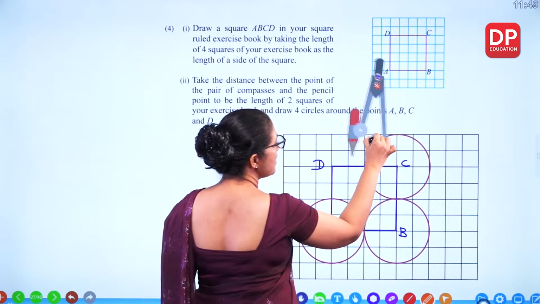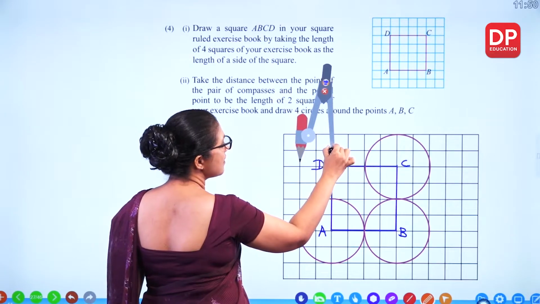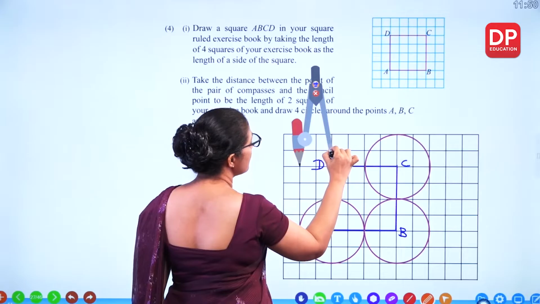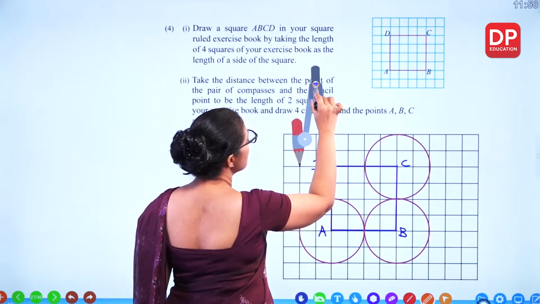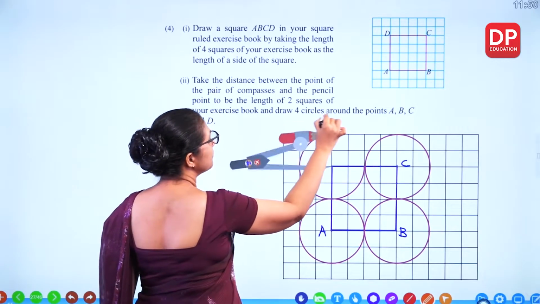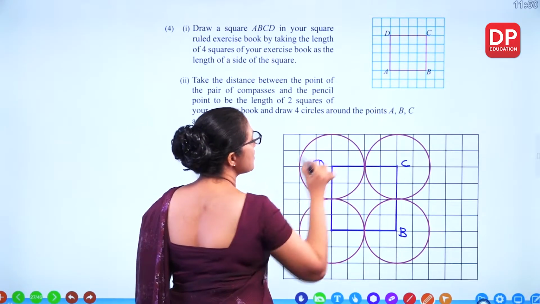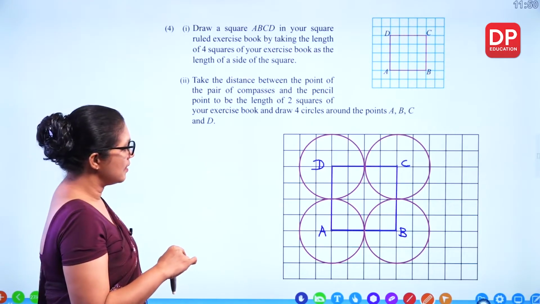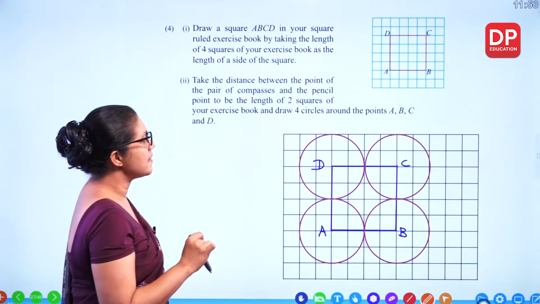And the last one is D as the center, and draw the other circle. So that's the diagram. You get 4 circles with center A, B, C and D.